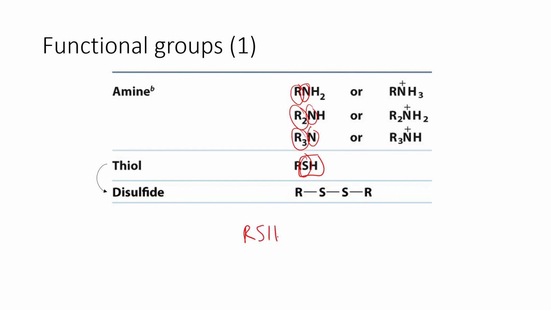So if you have one thiol and another thiol, the two hydrogens can be removed through an oxidation reaction, and then the sulfurs can bond together, forming a disulfide bond. That can also be reversed through a reduction reaction to break down the disulfide into two thiol groups.